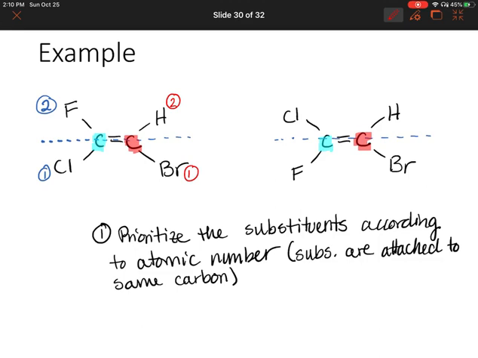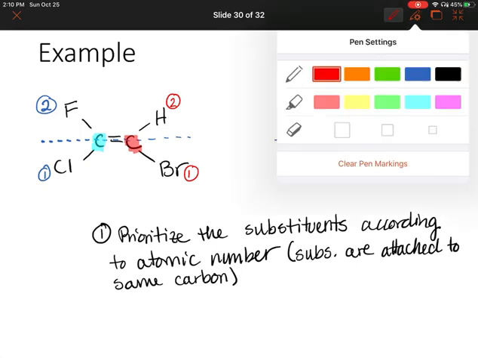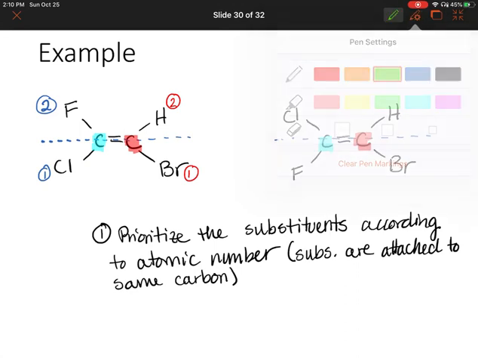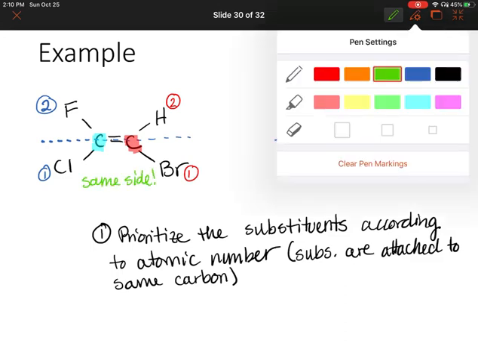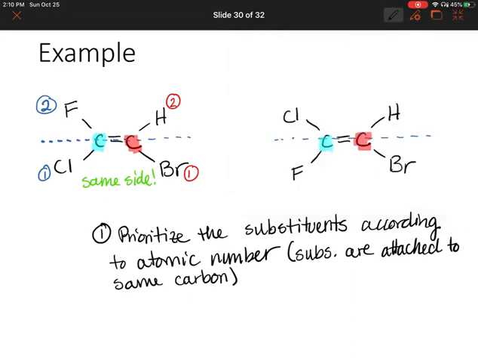All right, so now are the highest priority substituents on the same side or the opposite side from each other? They're on the same side. So this would be Z for zusammen or same.